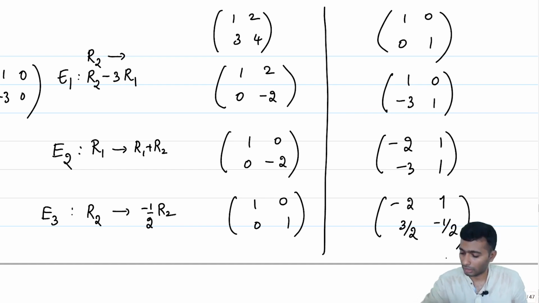So, yes, this is the candidate for the inverse of 1 2 3 4, and it is a simple check for you to see that this is indeed the inverse.